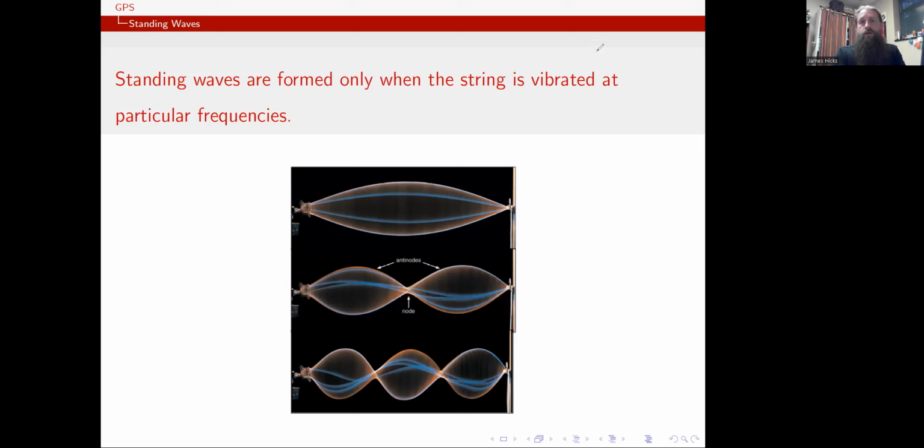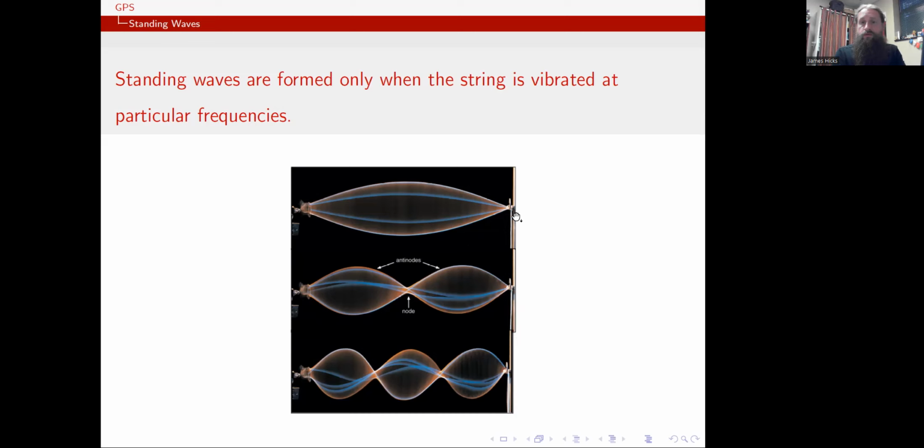So whenever you pluck a string that's stretched tight between 2 points, it vibrates in a combination of all of these different patterns, including a 4 loop, a 5 loop, a 6 loop. They're all possible because you have the string fixed at both ends. These higher frequencies are multiples of this basic frequency where there's only 1 node at each end.